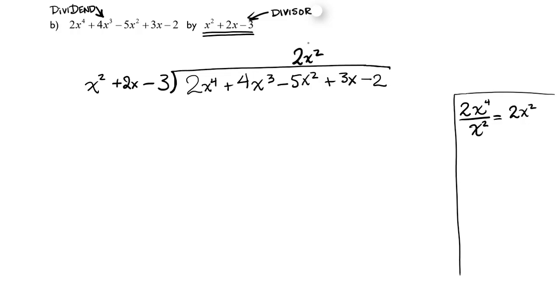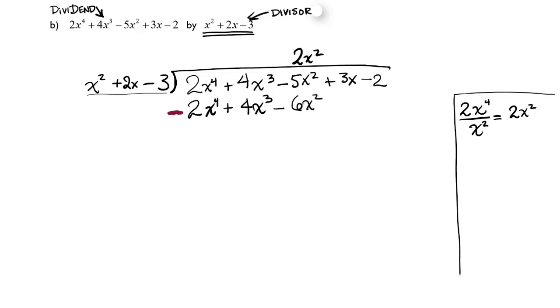Take that first term of the quotient and multiply it to each term in the divisor. That will give me a 2x to the 4th plus 4x to the 3rd minus 6x squared.